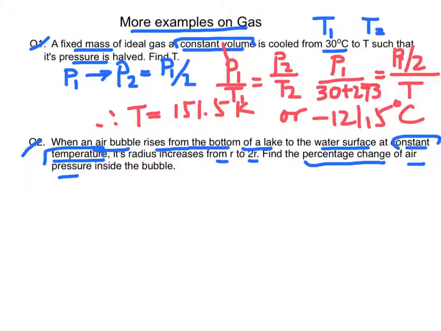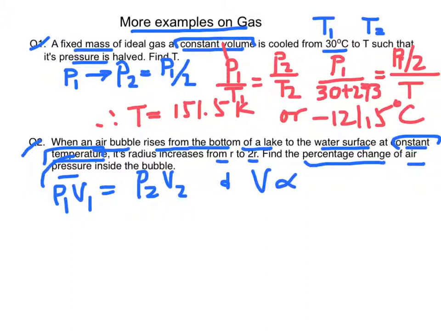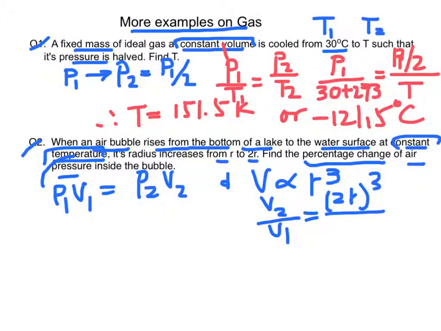Since the temperature is constant, we should use the equation P1 V1 equal to P2 V2, and because the volume of a sphere is proportional to the cube of its radius, therefore V2 over V1 equal to the cube of 2R over the cube of R, which is equal to 8.